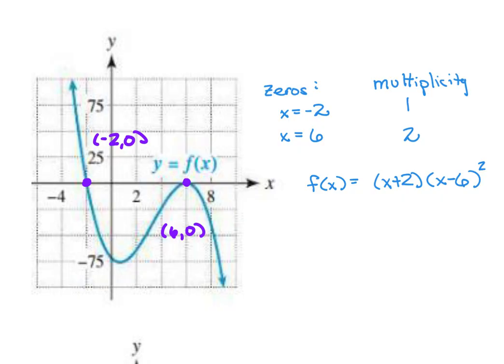Here I have 1, and this factor appears twice, so that's going to be a degree of 3. Does it have 2 turning points? We do have 2 turning points. We have one down here, and we have one there.